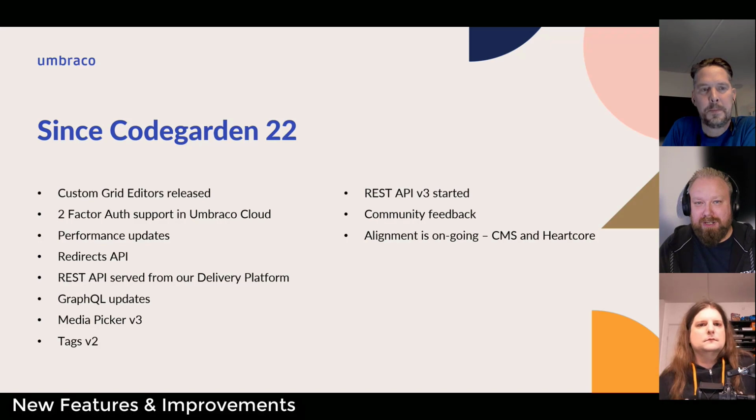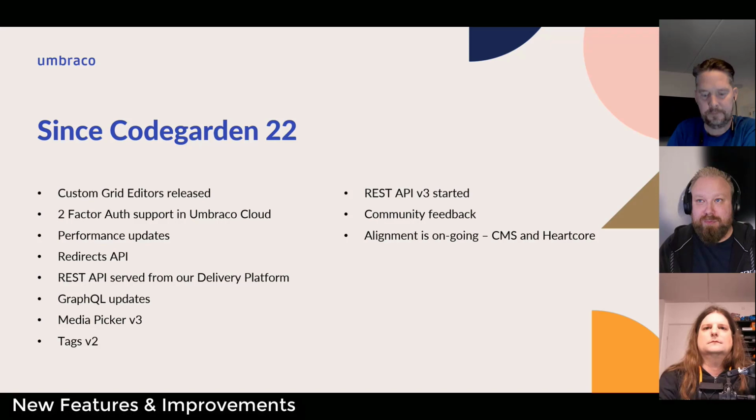We have done a whole bunch of performance updates for both GraphQL and our REST API. And we have since shipped a redirects API, something that we've heard from many users for a while now, that they would like to be able to have an API for redirects.